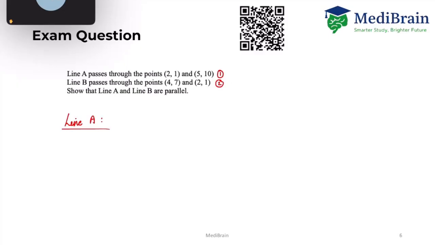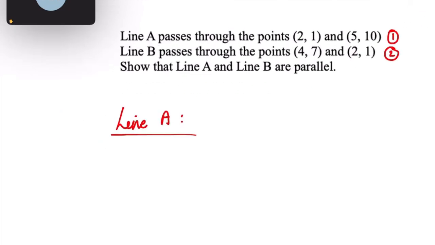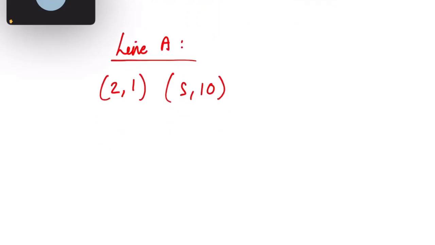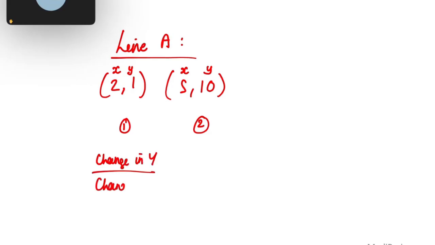So over here, if we deal with line A first, all you're going to do is work out the gradient. We have two coordinates, (2, 1) and (5, 10). We're going to label this 1 and label this 2. The first is x, the second is y. So all we're going to do is the change in y divided by the change in x.